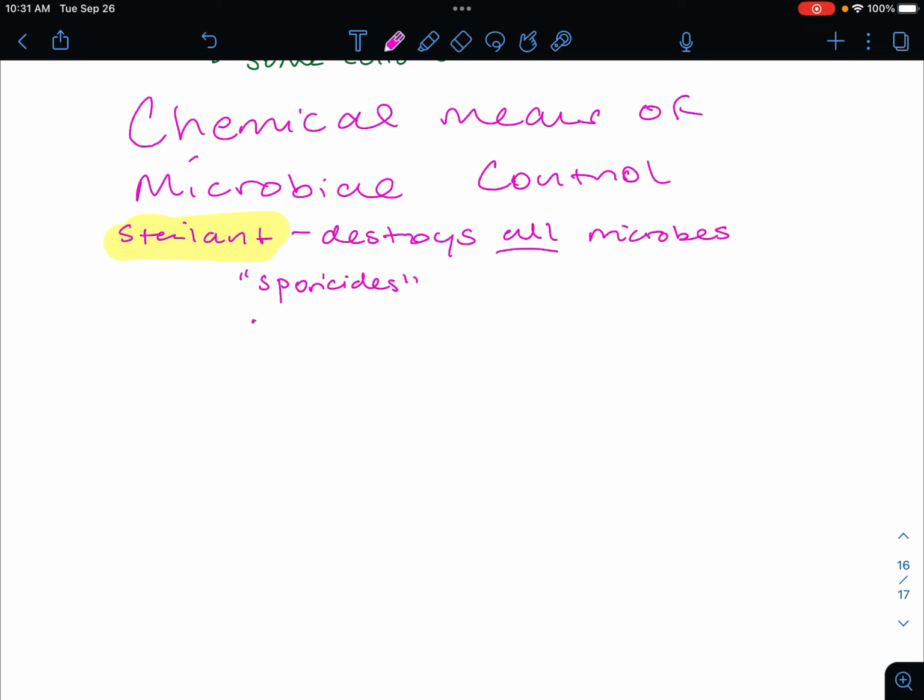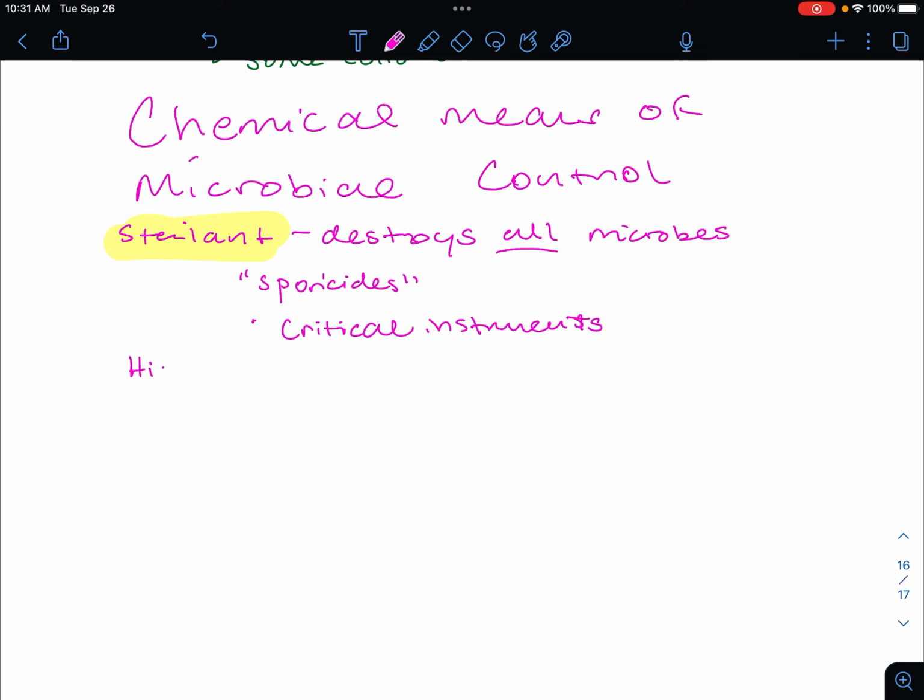And these are going to be used on critical instruments. So in a surgical setting or a medical field, the critical instruments are those that actually come into contact with the organs or the tissues of the body. So we're going to make sure we use a sterilant to get rid of all those microbes because we don't want to contaminate anything that is going to be making direct contact with those very vital areas.